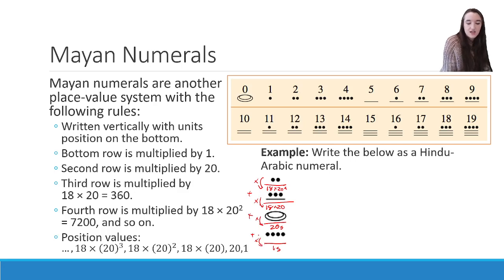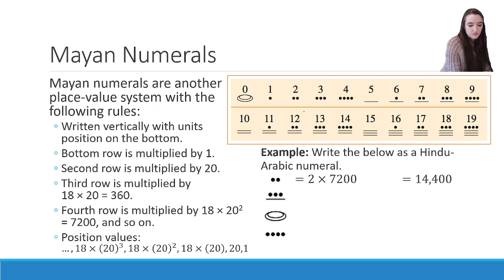We do the same exact thing. So we need to translate, of course. The first one translates into 2. So it'll be 2 times 18 times 20 squared. 18 times 20 squared being 7,200, which is 14,400. The next one is going to be 8 times the 18 times 20, so 8 times 360, which equals 2,880.